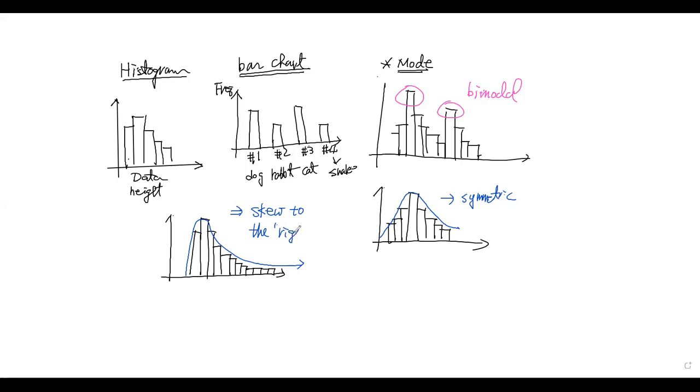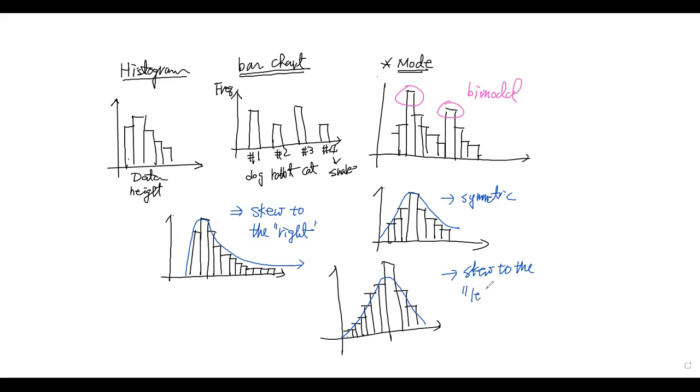Because the tail is on the right. Or if your histogram goes this way, and you superimpose the curve, you have the tail this way, then we say this is skewed to the left.